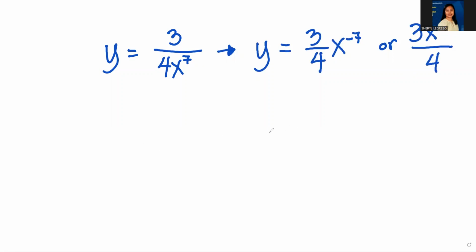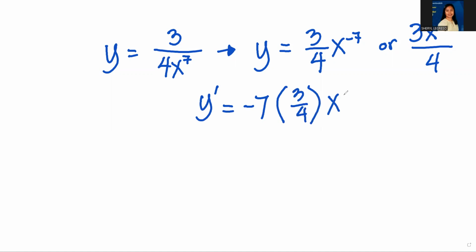All we need to do in finding the derivative of y is multiply negative 7 to 3/4 and then subtract 1 from the exponent. So we have negative 7 times 3, that's negative 21 over 4, x raised to negative 8.